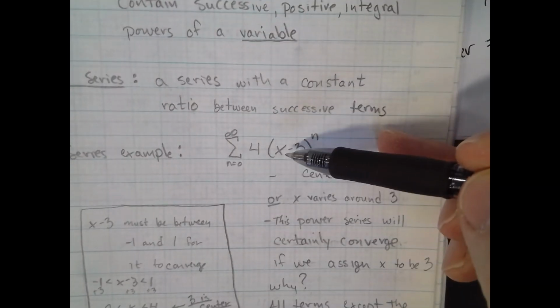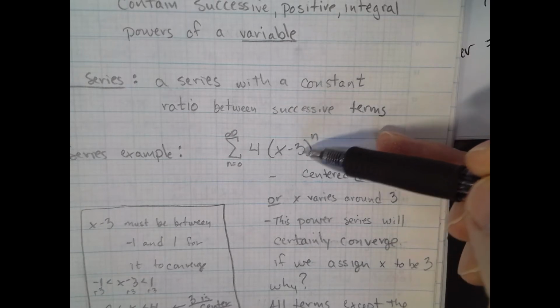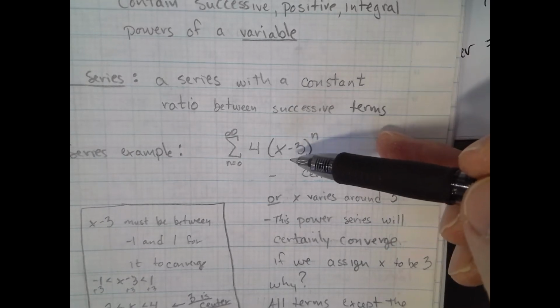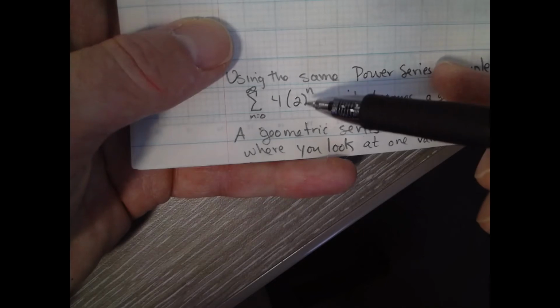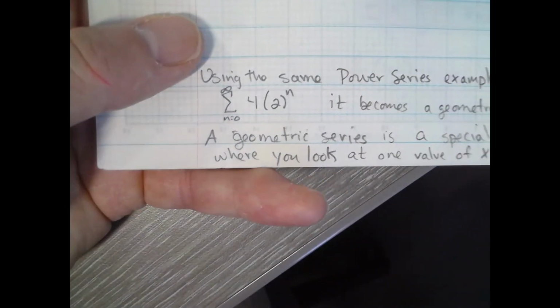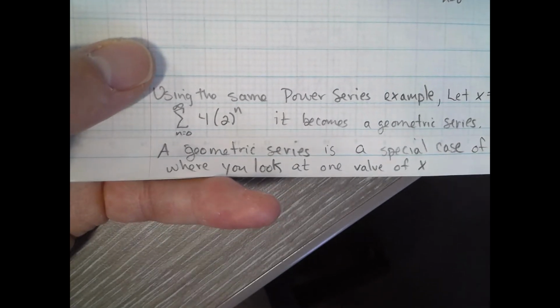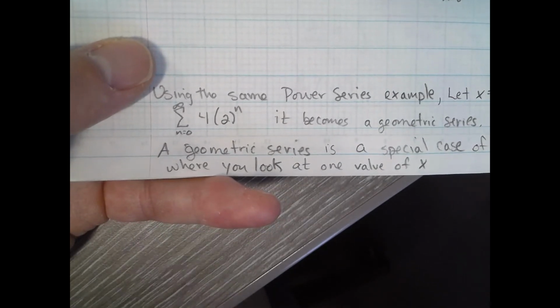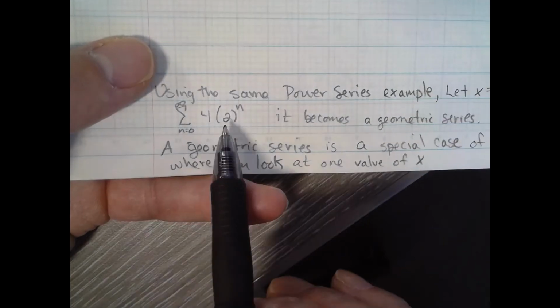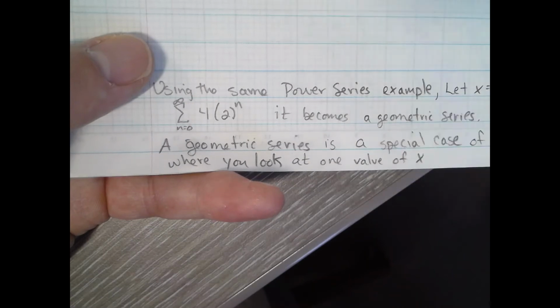Okay, so moving on, if I assigned our x to be 5 here, 5 minus 3 is 2, so we get a geometric series of 4 times 2 to the n. So that's one example of a geometric series. That's when x is equal to 5. So notice, does this converge? No, it doesn't.